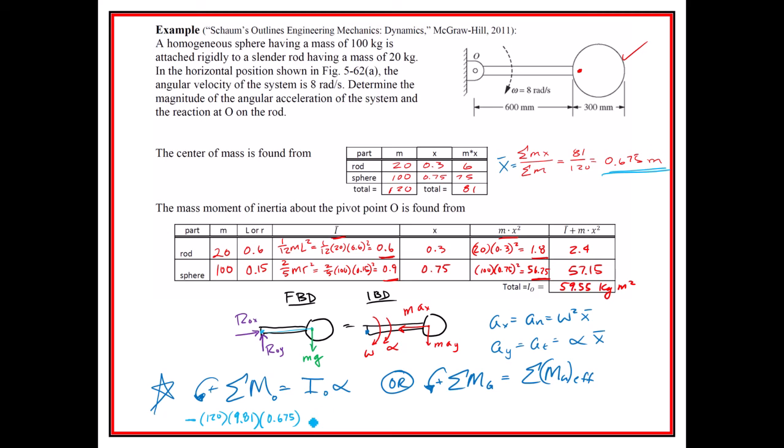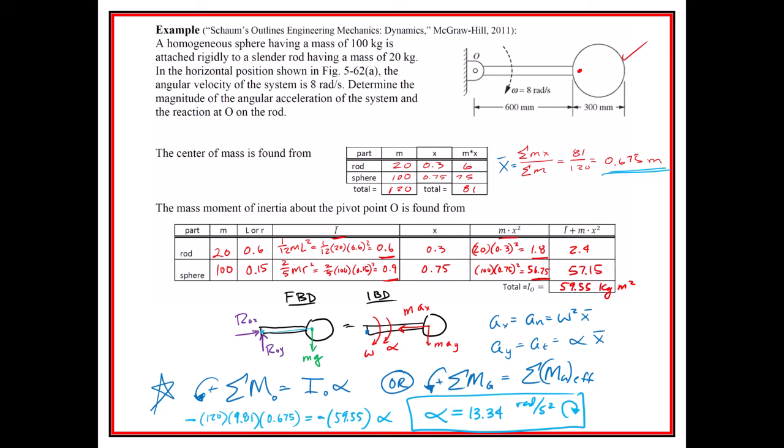The mass moment of inertia, and this is going to be negative right here, is the thing that we calculated, 59.55 alpha. What we end up getting for alpha is 13.34 radians per second squared, and that's going to be clockwise.